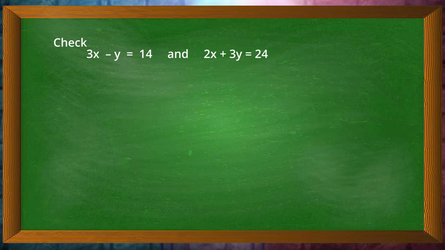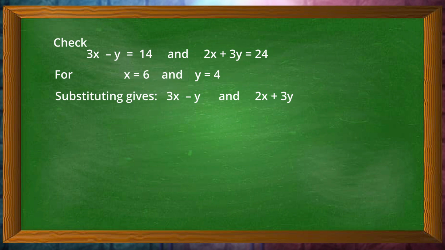Now that we think we have the solution, we need to check by substituting the values of x and y into the original equations. 3x - y = 14 and 2x + 3y = 24, for x = 6 and y = 4.